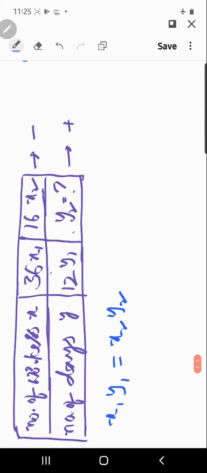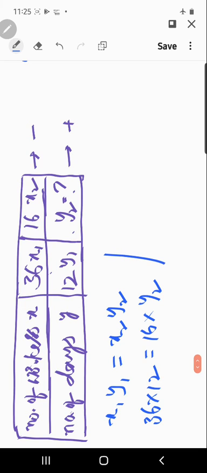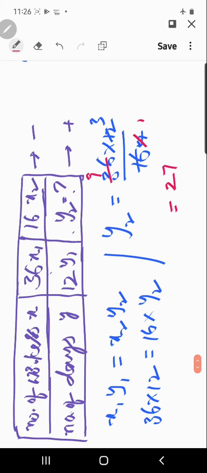Here x1 is 36 and y1 is 12, x2 is 16, and what is y2? Transposing the values, y2 is equal to 36 into 12 by 16. After simplification we got 27. That means 16 workers can complete the wall in 27 days.